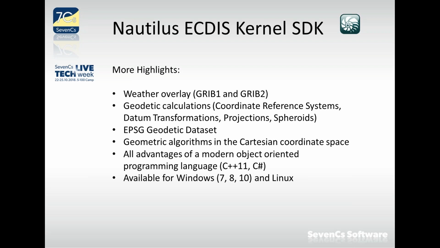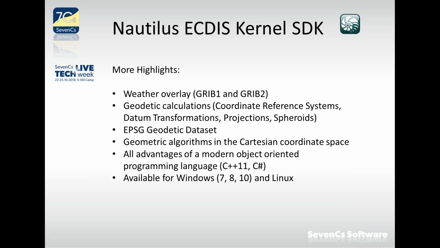Some of you may have heard of this thing, which defines coordinate reference systems used all over the world in a kind of database, and we have access to that. So if you're interested in a special coordinate reference system, you just ask for this in the SDK by passing this EPSG code, which is just a number, to the SDK and getting a fully initialized object back.